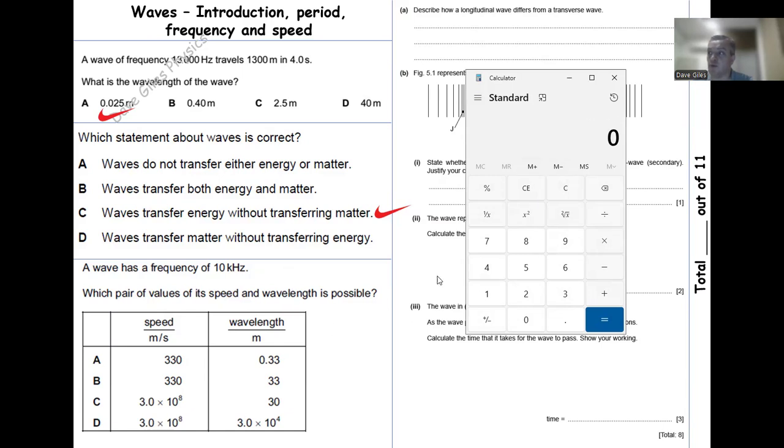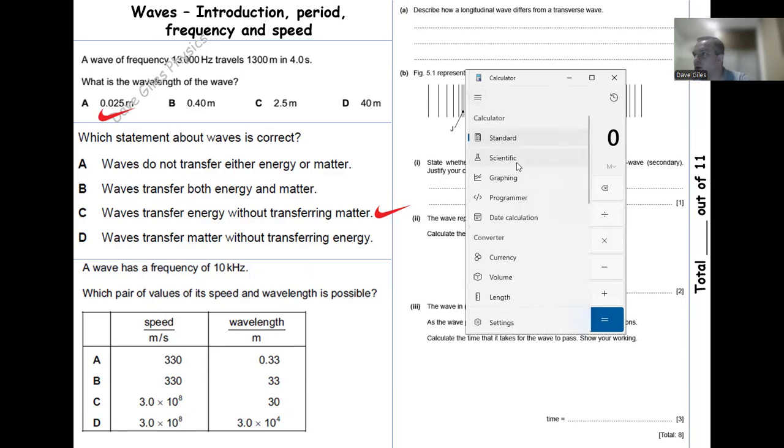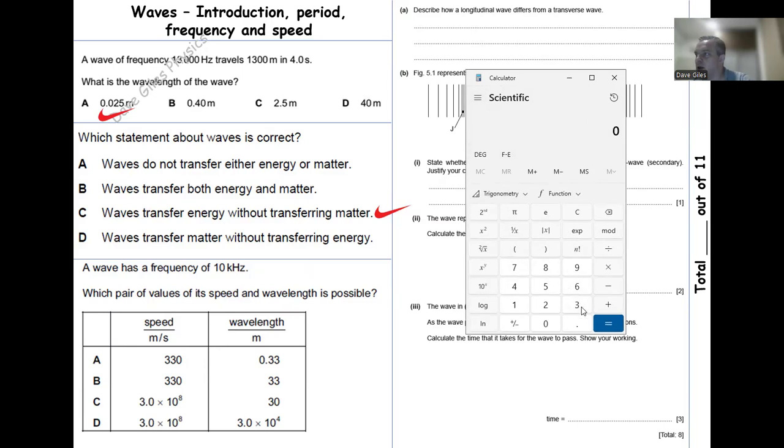The third one is 3 by 10 to the 8. Now, I haven't got this in standard mode, put it in scientific. I'm not used to using the on-screen calculator here.